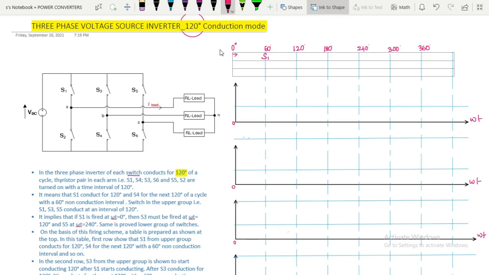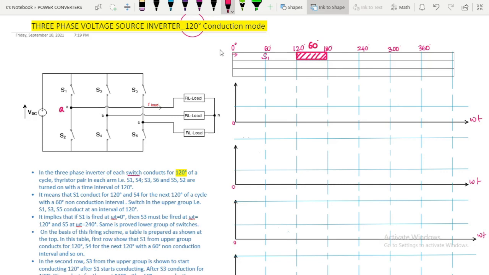In the earlier class we have seen that S1 was conducted for 180 degrees and for the next 180 degrees S2 was conducted. But here, for the next 60 degrees, from 120 to 180, neither S1 nor S2 will conduct. So this is the non-conducting region. That means from the A wing there will be no switches conducting in this period. This non-conducting period is 60 degrees.